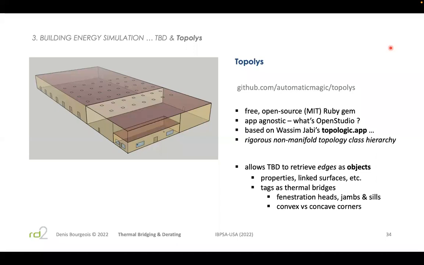And it allows TBD to retrieve edges as objects and attribute properties to them, figure out what surfaces are linked to each edge. It tags each of these edges as thermal bridges, depending on the topological relationship between each of them. And this allows TBD to know the difference between a fenestration head, a jamb, sill. It allows it to have an idea of what's a convex corner versus a concave corner, depending on the polar angle of surfaces around each of these edges.